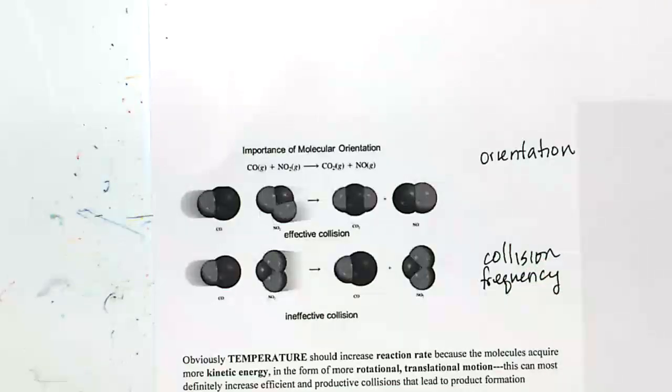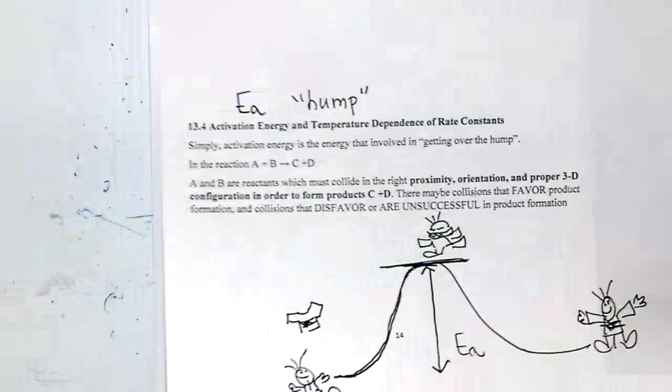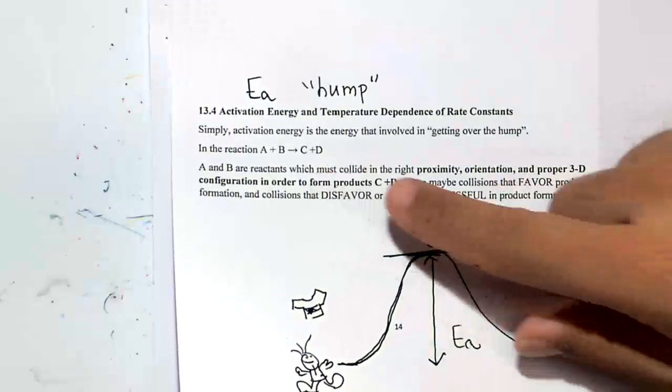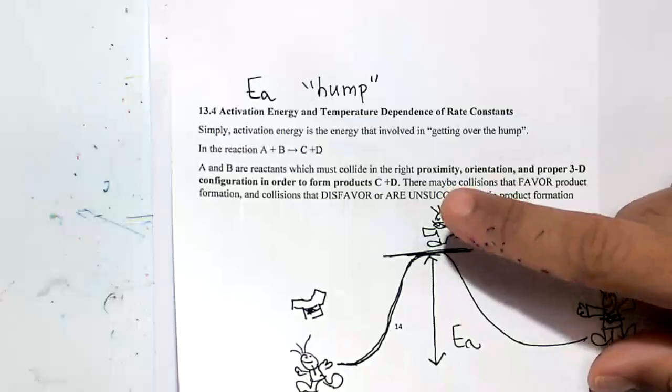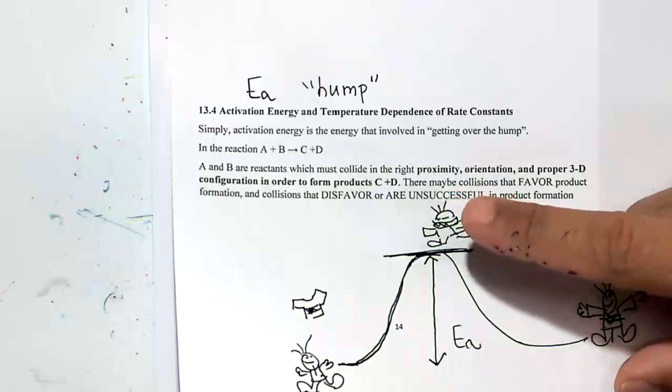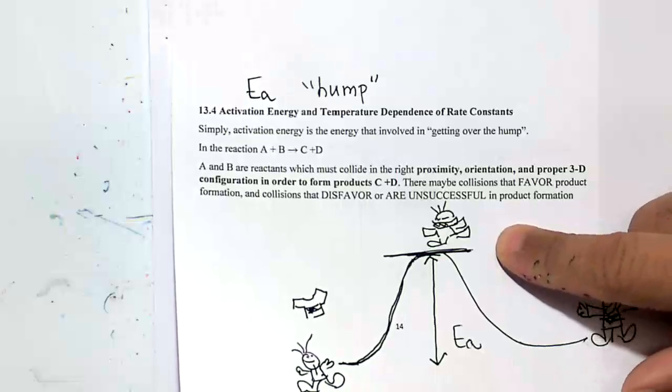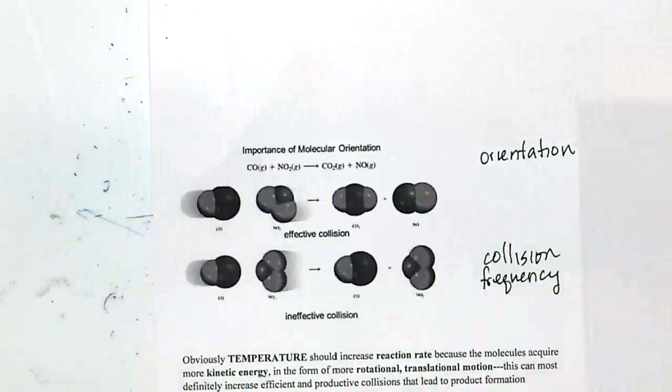To put on a sweater, you need the kid to be in the right orientation. You don't want to put his head in the sleeve. And you can't be running around all day, or chasing him around. So molecules need the right orientation. This is the right orientation for the reactants, not this.